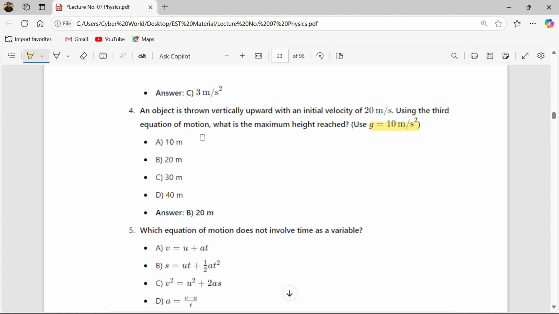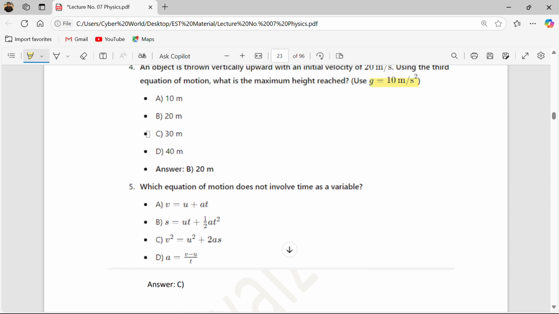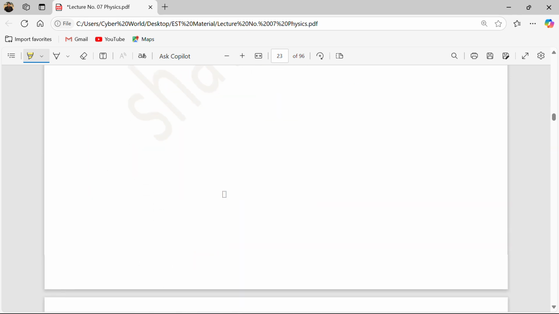So Vf is 0, Vi is 20, acceleration is 10 meters per second squared, and you have to find the distance s using the third equation of motion. The answer you get from solving this is 20 meters. Which equation of motion does not involve time as a variable? We know that the third equation of motion has no time involved.